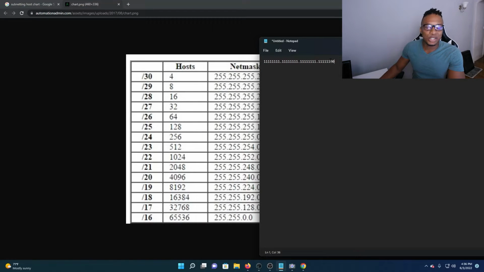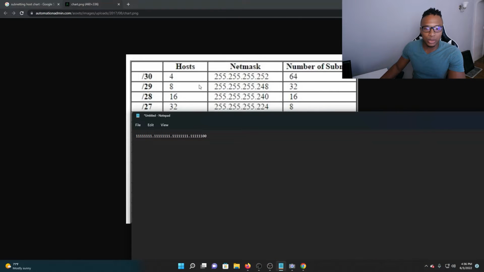I didn't realize this till a little bit before I took the CCNA, but the /30, the 30 just means 30 ones, for example. So /29 is 29 ones, etc. When you add all of this up, you see the net mask here.